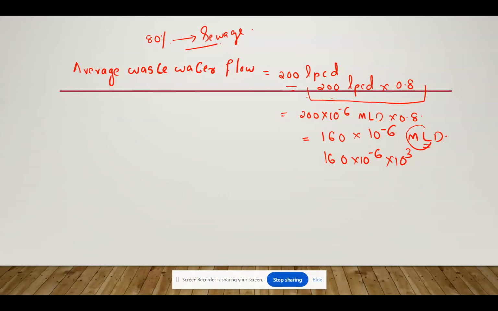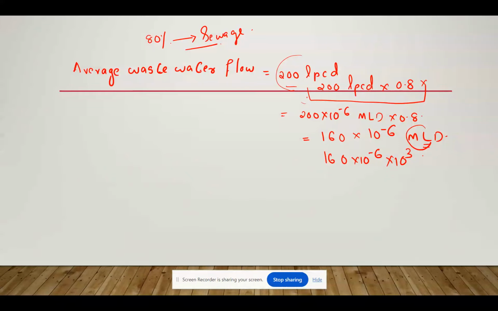So here we have per capita per day. So you have to multiply all with the... just one second.